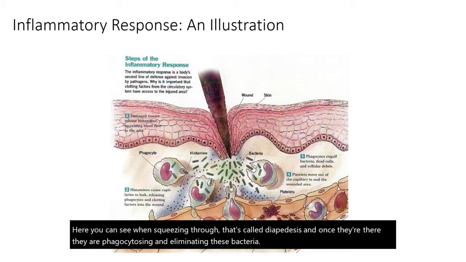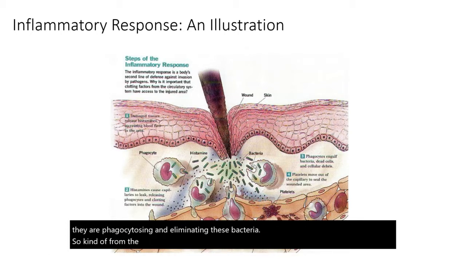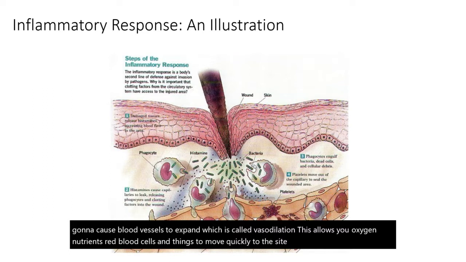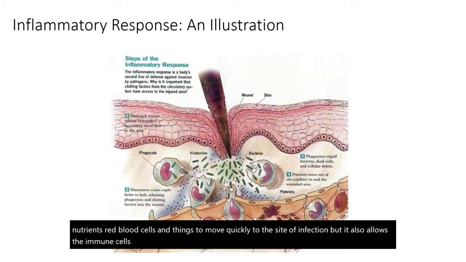Okay, so kind of from the top, breach of the skin triggers mast cells to release histamine. That's going to cause blood vessels to expand, which is called vasodilation. This allows oxygen, nutrients, red blood cells, and things to move quickly to the site of infection, but it also allows the immune cells, our white blood cells, to quickly travel to the site of infection, which is called margination.